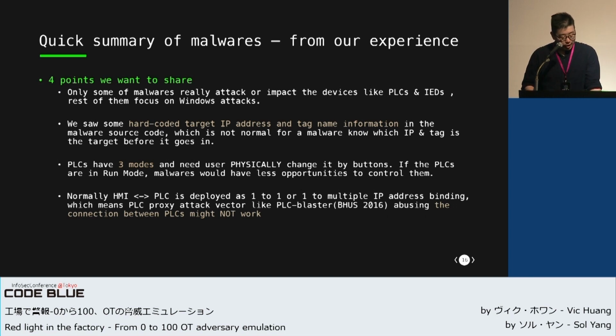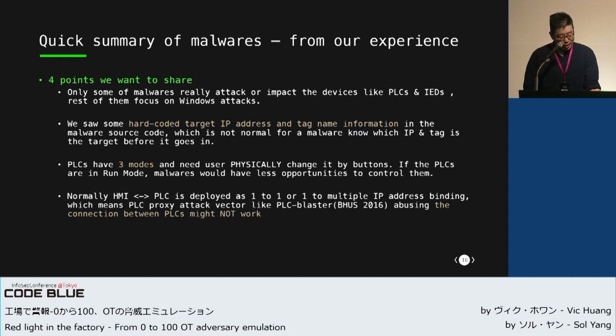And the next, actually PLCs have 3 or 4 modes, depending on the manufacturers. And mostly it's like a run-only mode and program-only mode. And also you can program and run at the same time.